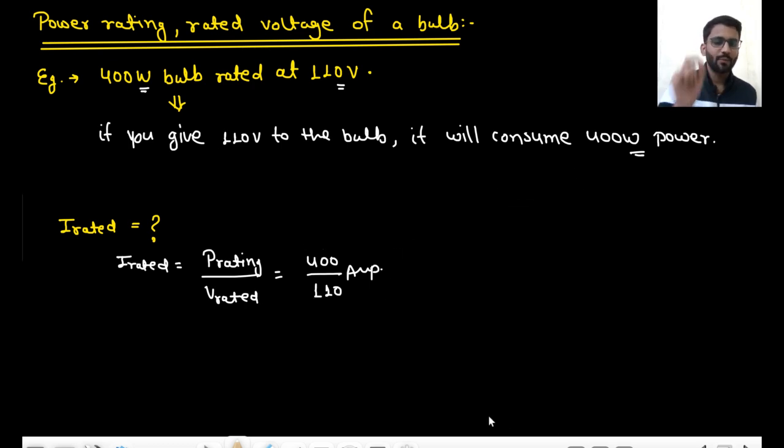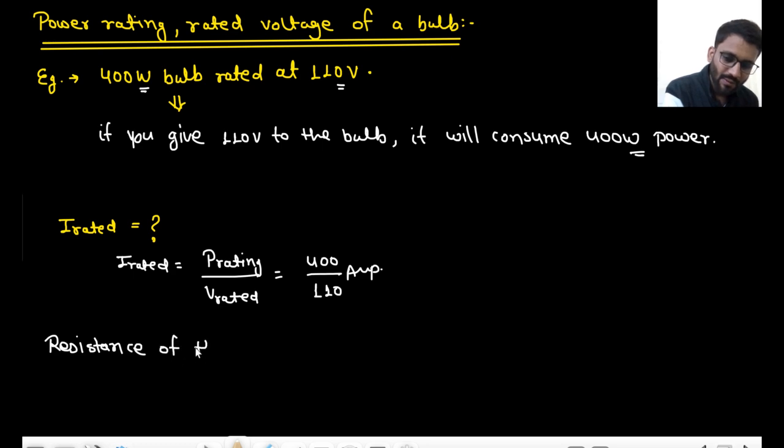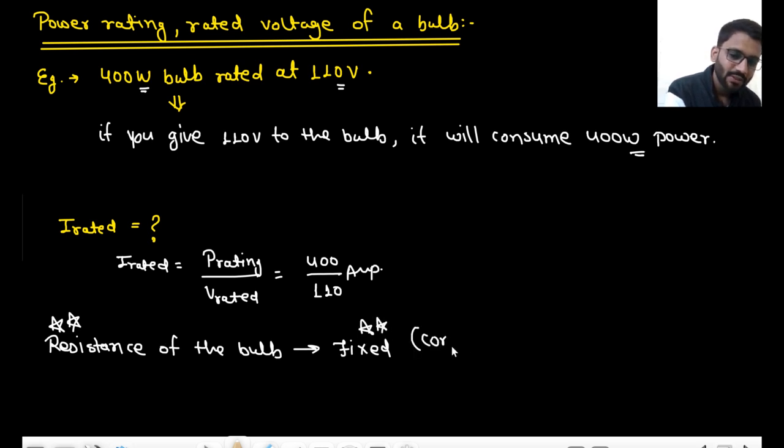Now a very important point, very important point, that is the resistance of the bulb. Resistance of the bulb is always fixed. Just remember it. Resistance of the bulb is always fixed considering constant temperature.